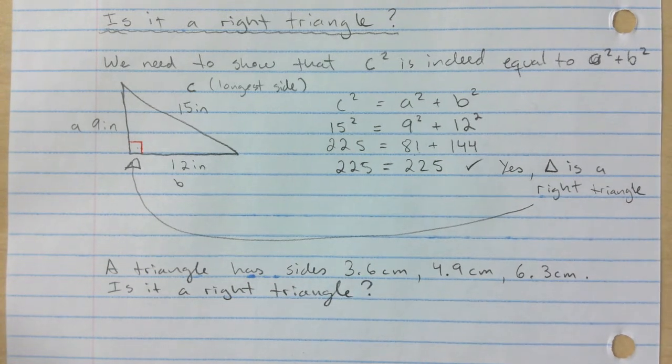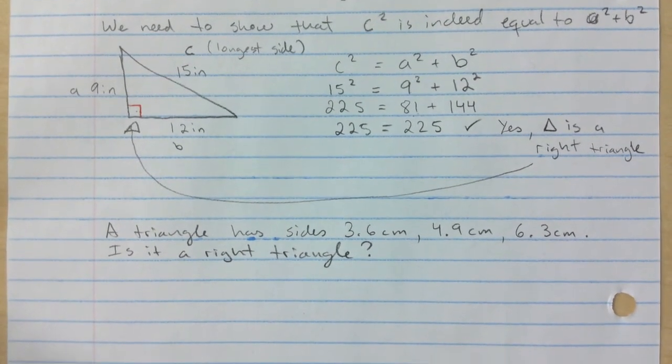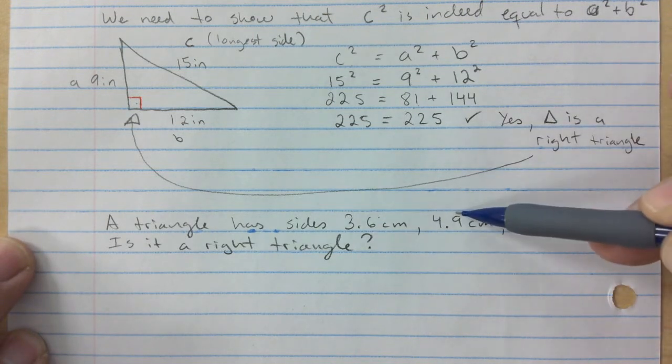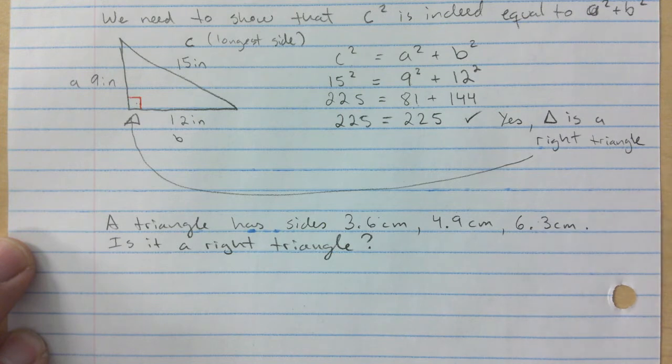Question mark. So no diagram, this is just information given to you. Just grab a loose leaf and write this down, okay? Triangle has sides 3.6, 4.9, 6.3. Is it a right triangle?